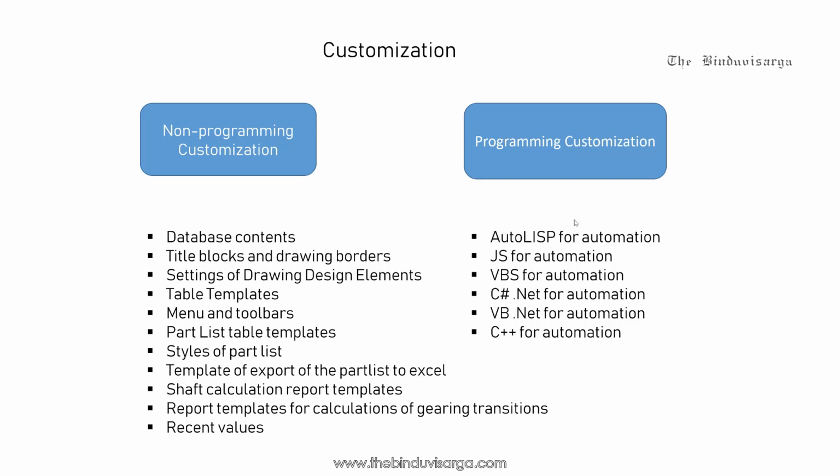We have database content customizations, title blocks and drawing borders, settings of drawing design elements, table templates, menus and toolbars, part list table templates, style of part list, templates for export of the part list to Excel and SAP, and report templates for calculations of gearing, transition, and resulting values. These are all non-programming customizations.